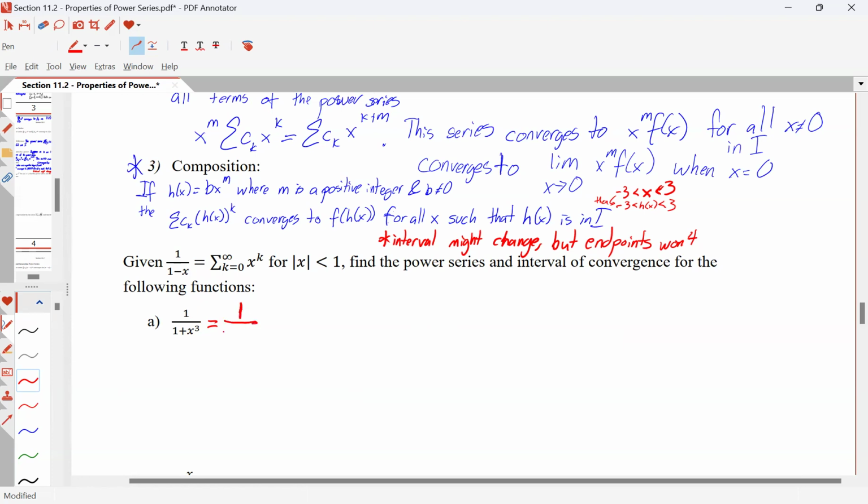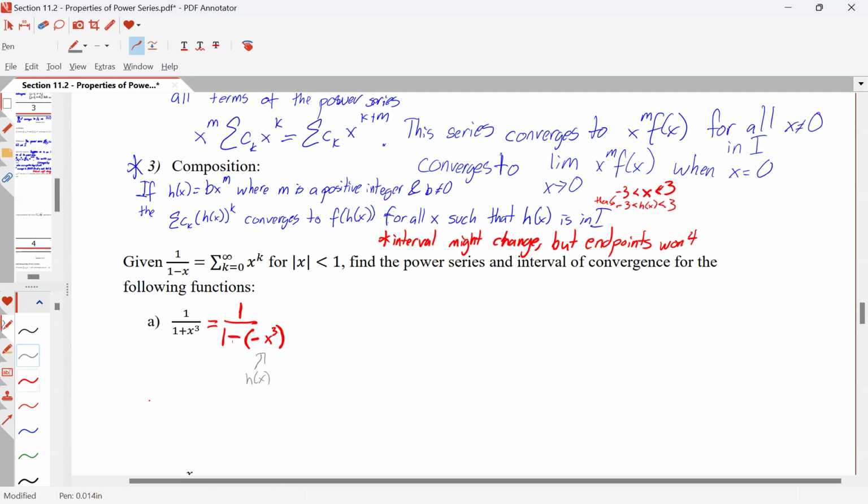I want a 1 over 1 minus. What has to be in these parentheses to get an x cubed, if I have a minus here, is a negative x cubed. This is h of x. This is that composition idea where I'm going to take the function and plug it in.